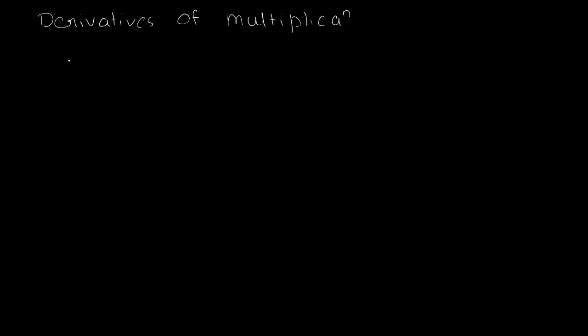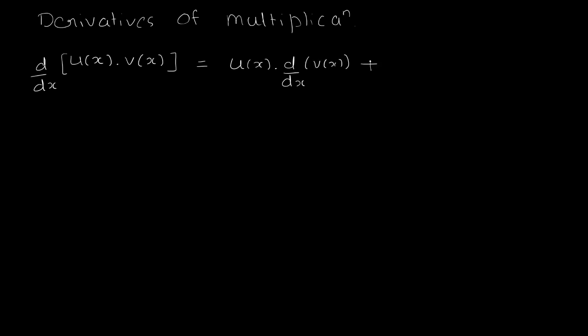Now what we do is, if there are two functions, u of x, u is a function, into v of x, v is also a function, then the derivative of u into v is given by u as it is into the derivative of v, d by dx of v of x, plus v of x as it is into the derivative of u of x.